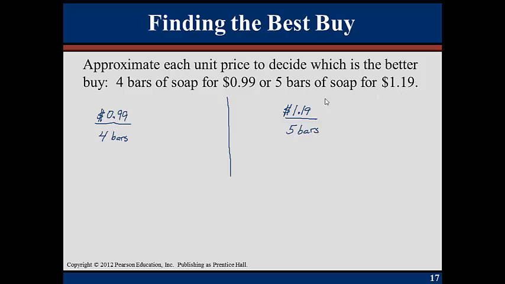So even though they switch the orders on your numbers, be careful. The price goes up top, the number of units go in the denominator. Now we need to divide it out.